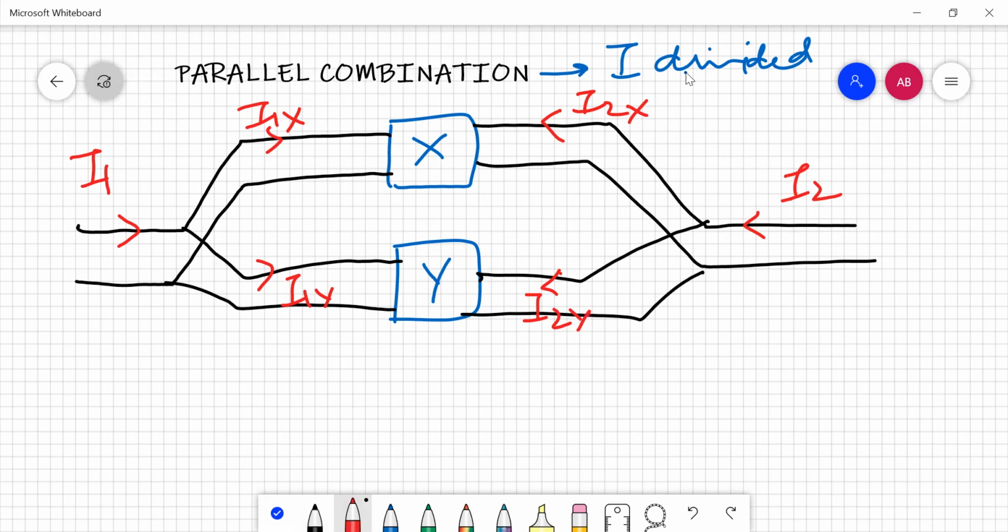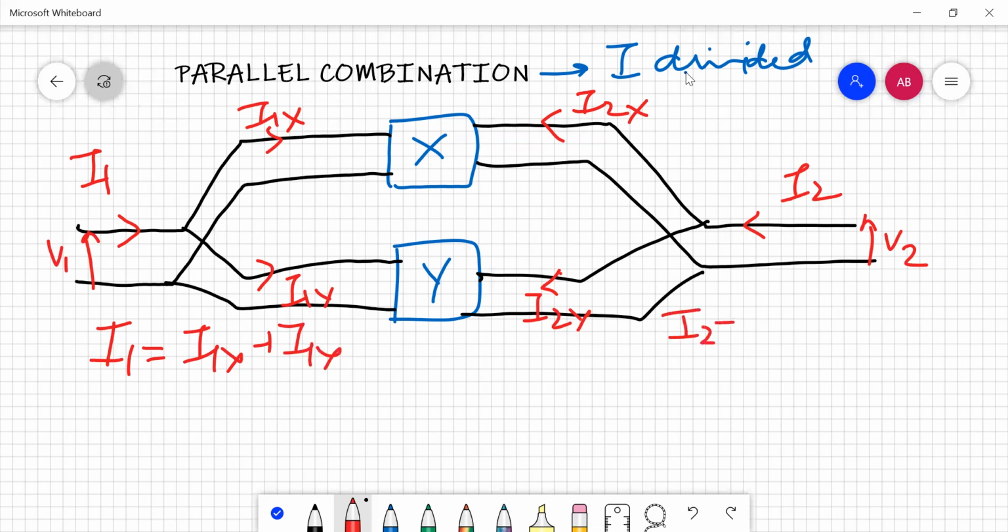So the voltage here will be V1, that is not getting divided. And similarly, the voltage here will be V2. So from this diagram, you can see that total I1 current of the combination will be equal to I1X plus I1Y. Similarly, from here, you can see that complete I2 will be equal to I2X plus I2Y.